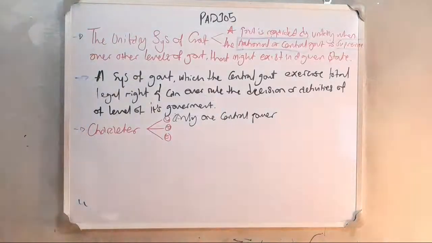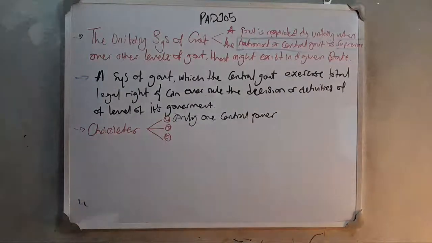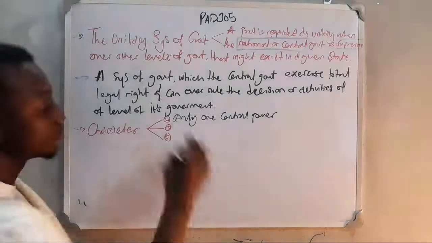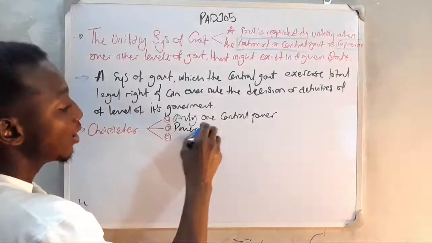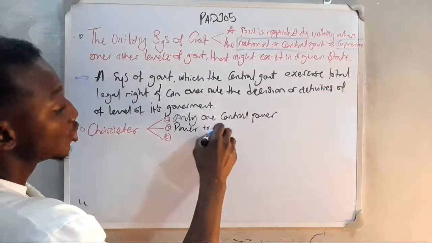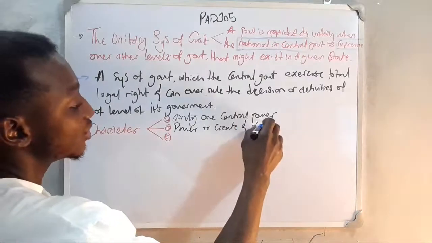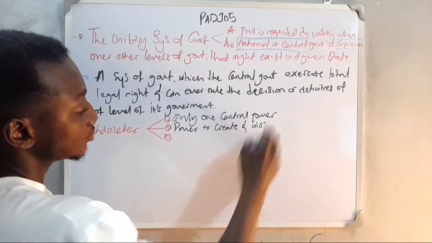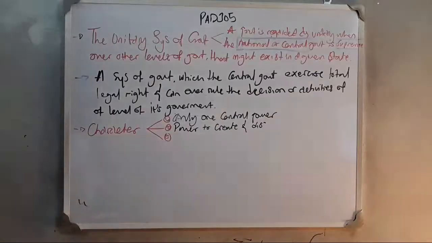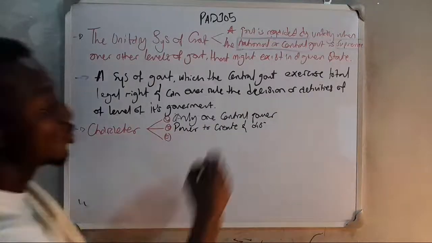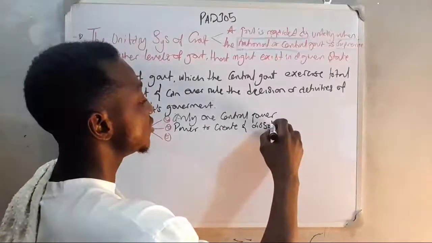The central government not only has power to dissolve the subordinate level, it also has power to create. Power to create and to do what? Exterminate, but let's use dissolve.